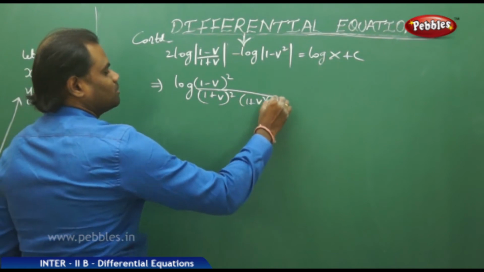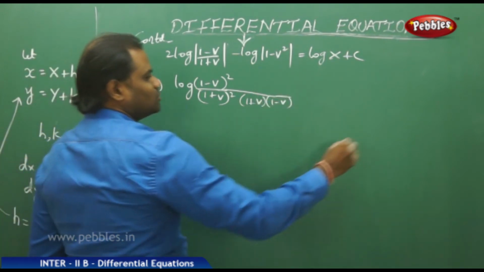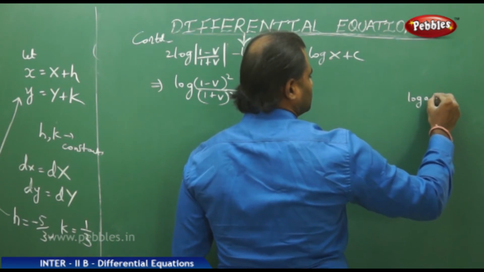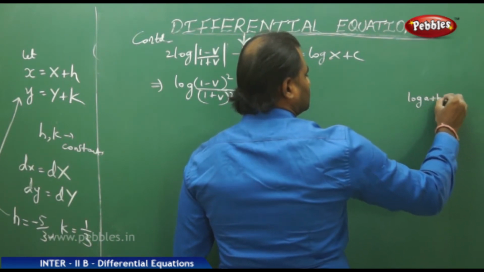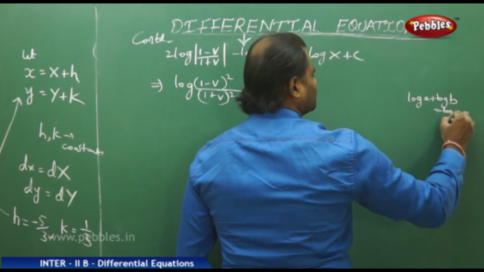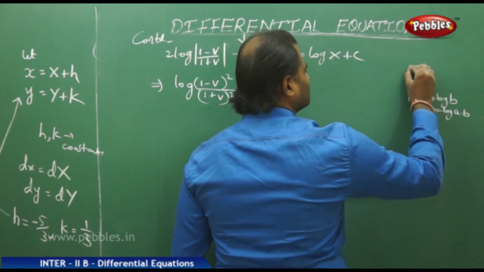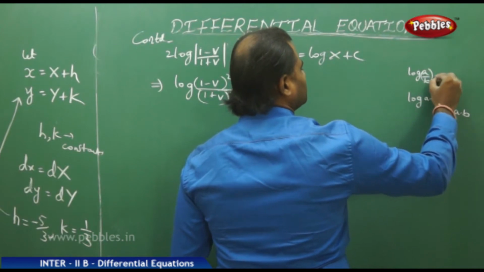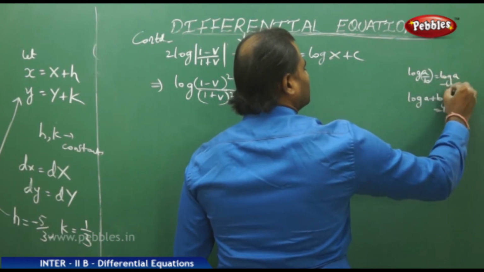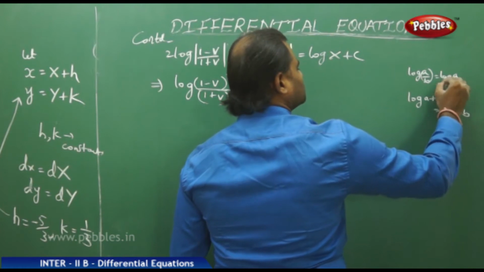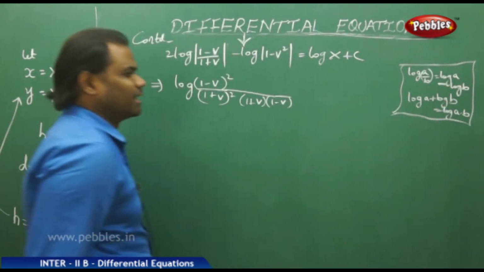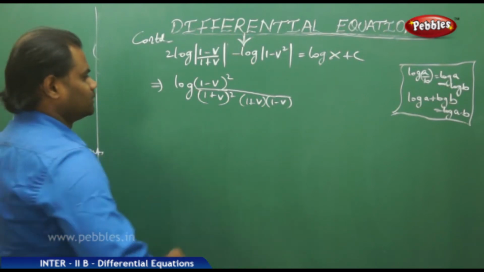v square, which is (1 plus v)(1 minus v), using the formula log a plus log b is log ab, and log a by b is log a minus log b, is what we get when we simplify through log.